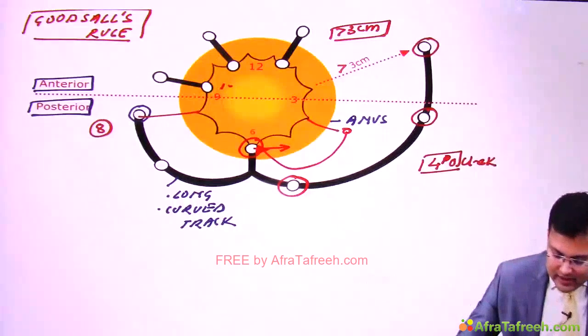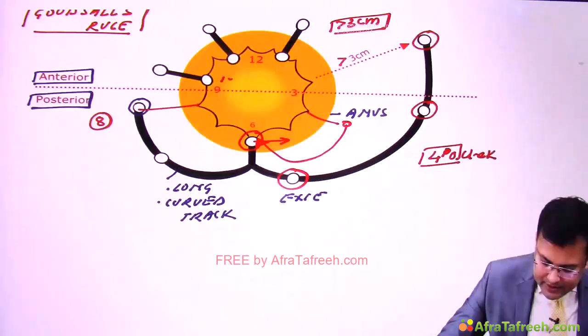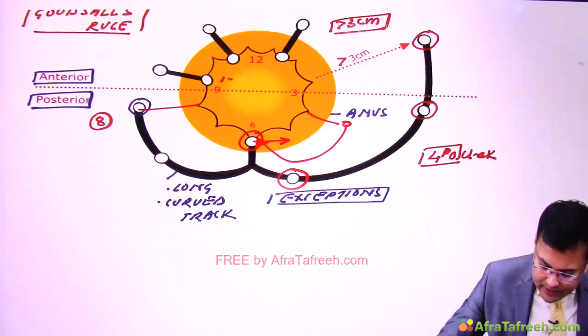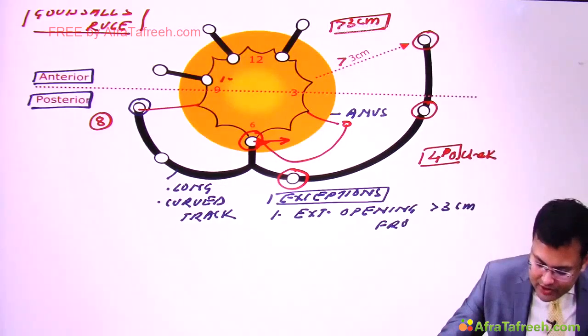See, so what are the exceptions of Goodsall's rule? Exceptions. So first, external opening located more than 3 centimeter from anal verge. Clear?